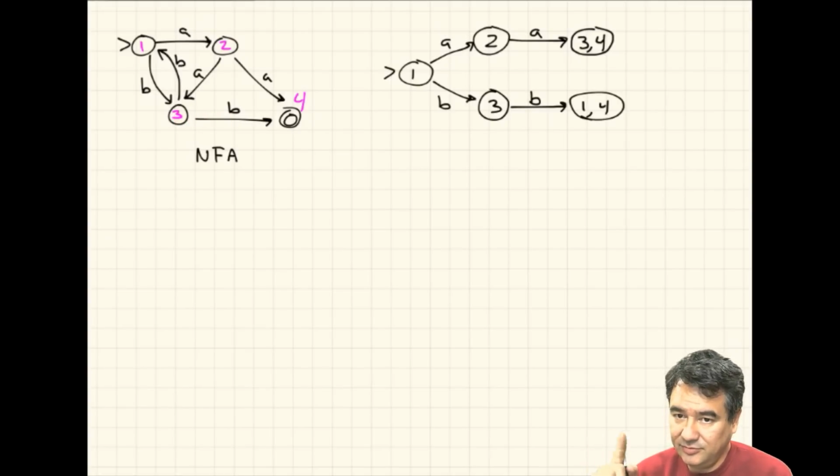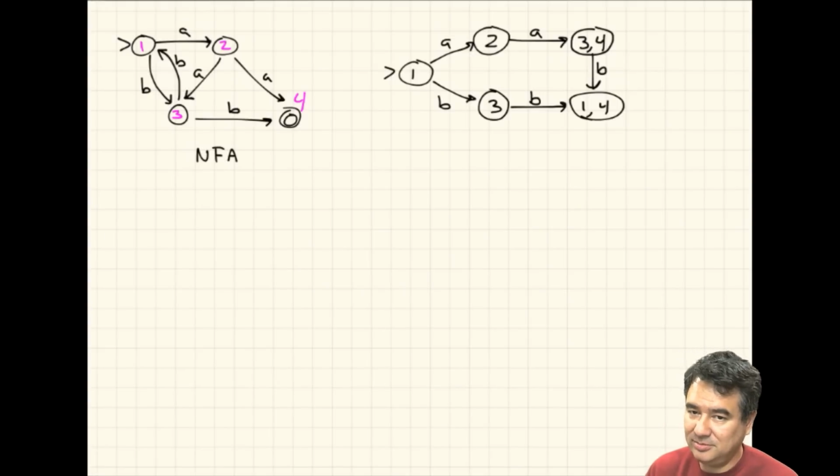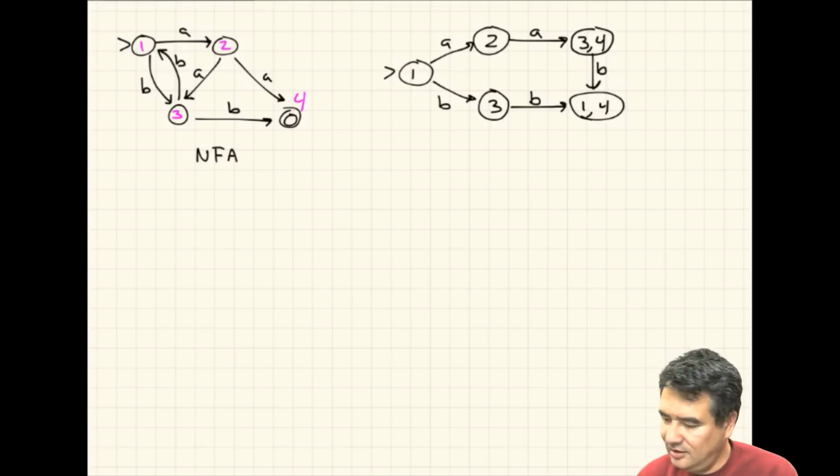So the merged B door is going to go to 1 and 4. So rooms 3 and 4 simultaneously have one door labeled B going to rooms 1 and 4. And I think that's it for rooms 3 and 4. I don't see an A door there at all.